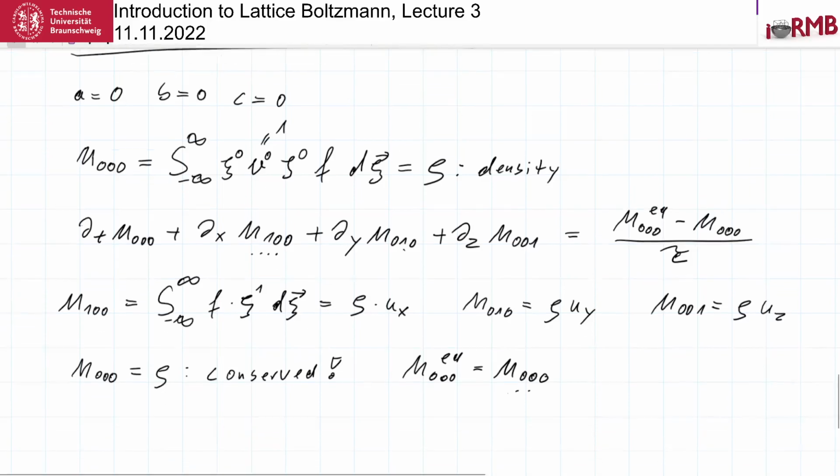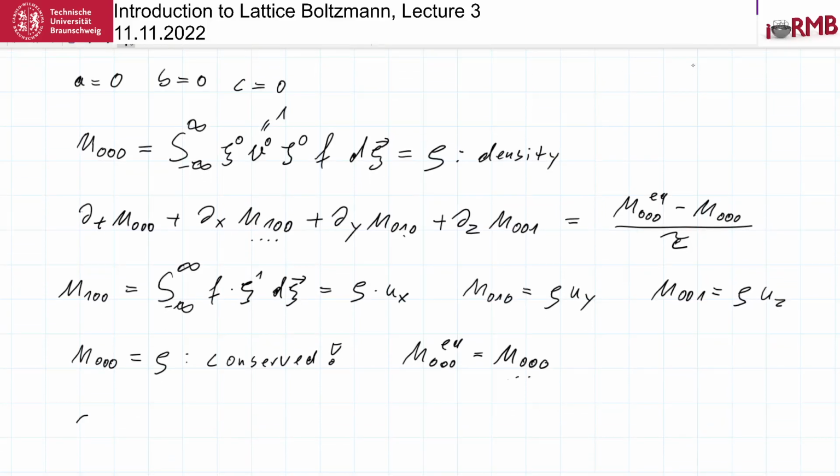Okay, so this means we can now write the entire equation in this format: dt rho plus dx rho ux plus dy rho uy plus dz rho uz is equal to 0.